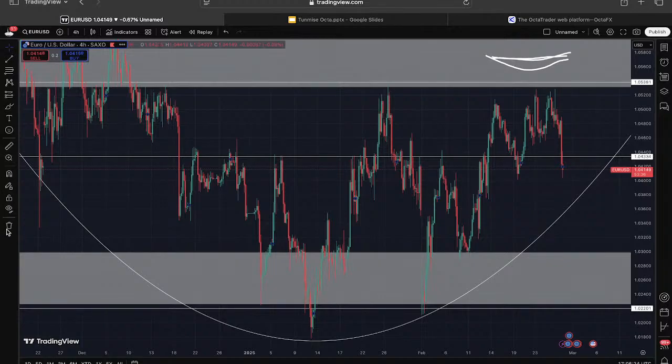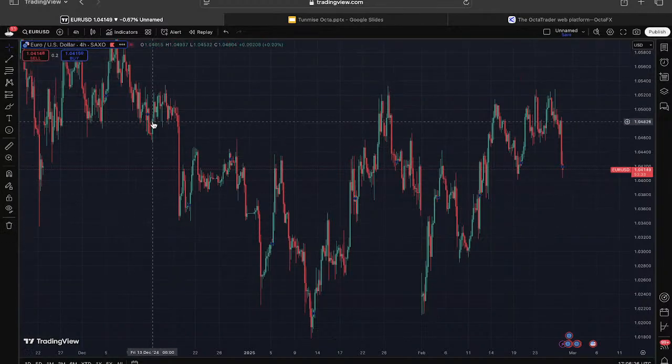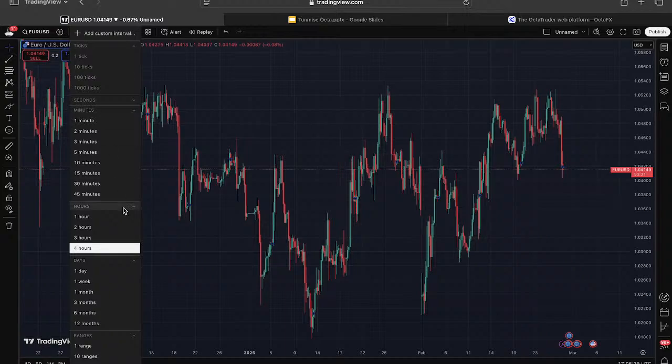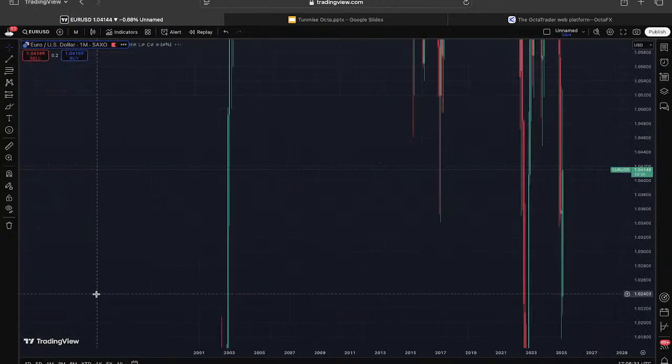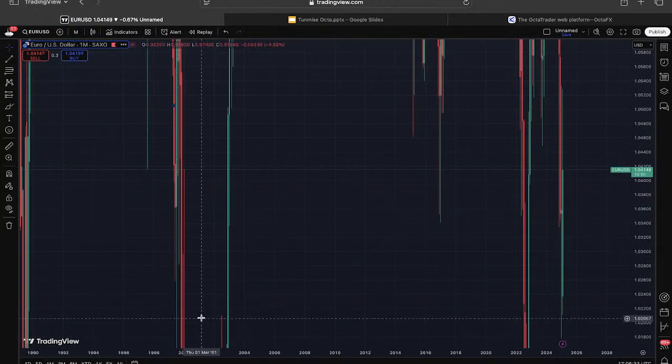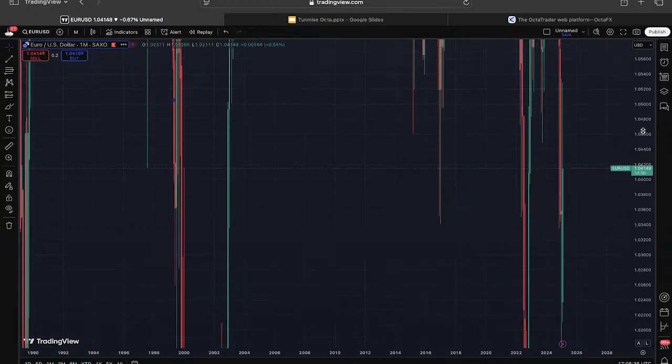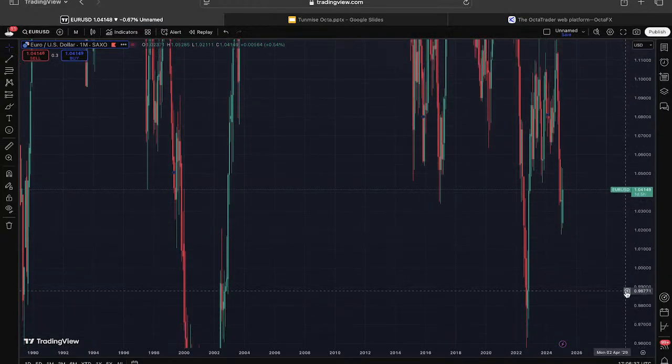Now, on Euro USD, I'm going to go to the monthly time frame. This is the monthly time frame on Euro USD.